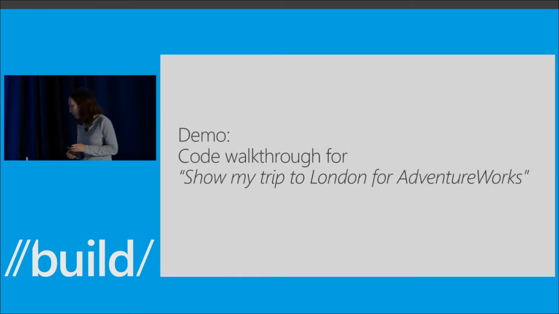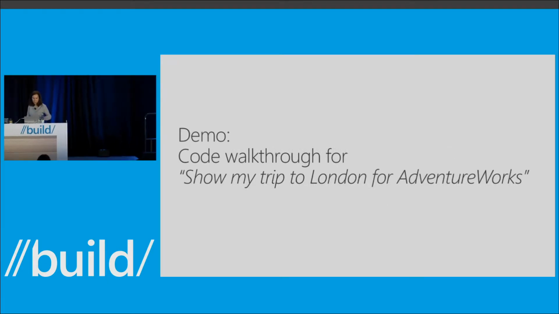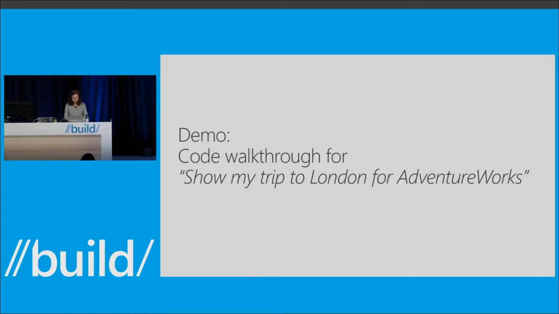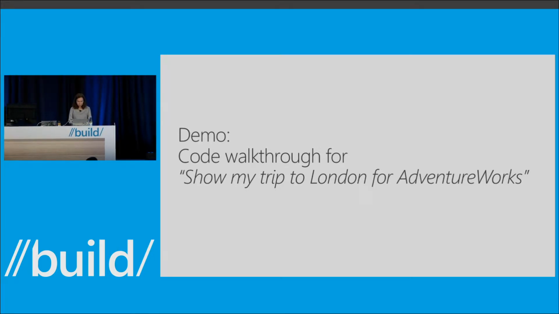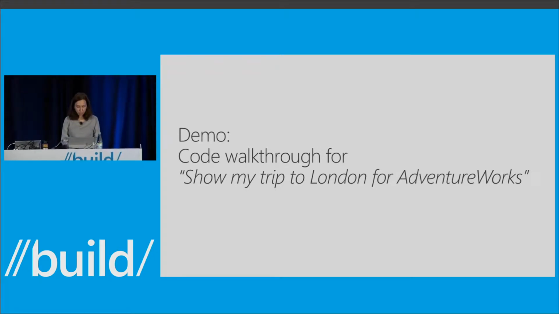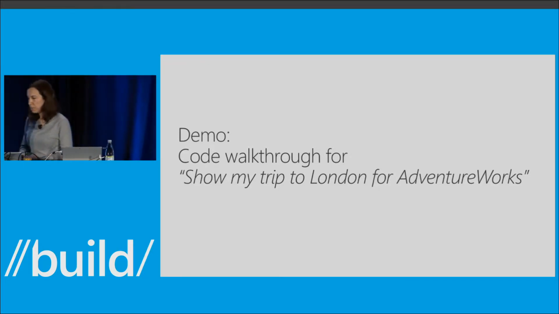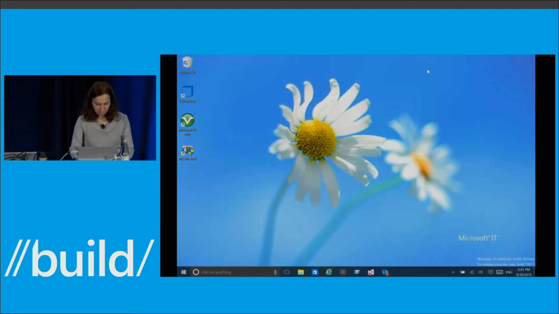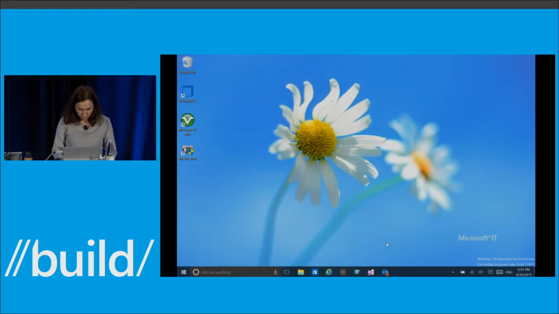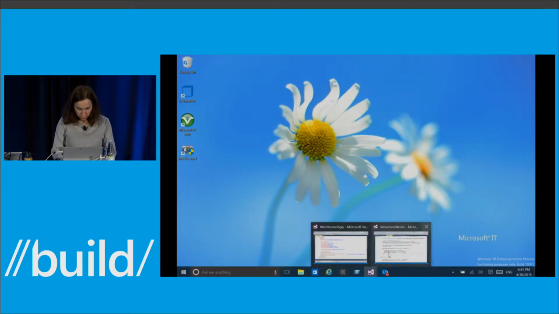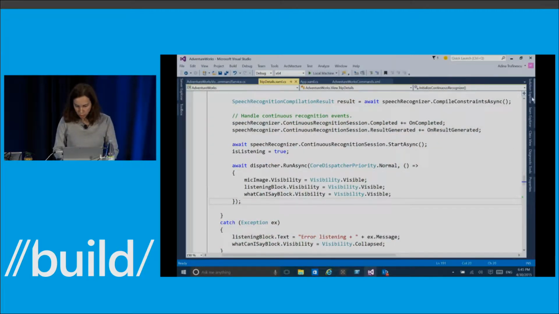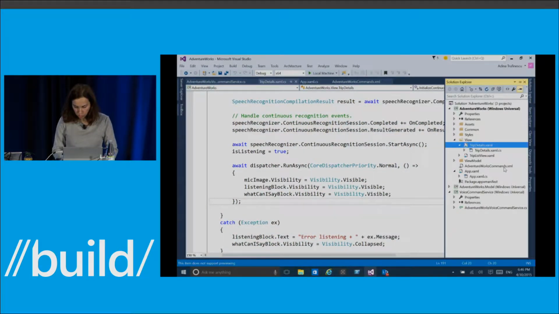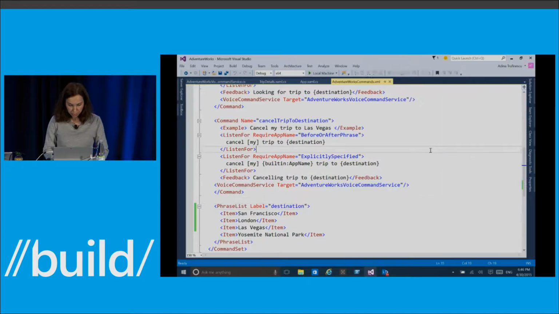So with that, let me show you the code that we wrote for AdventureWorks. Basically, this is the walkthrough for the demo that we've seen before. So this is the AdventureWorks project. The first thing I want to show you is the voice command definition.